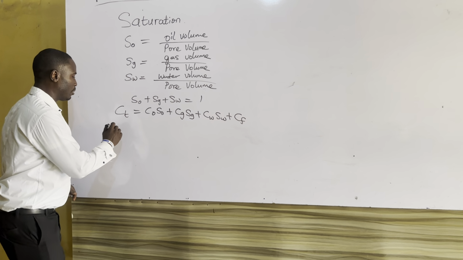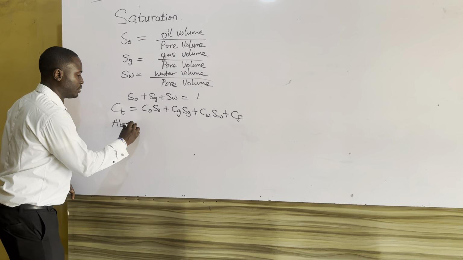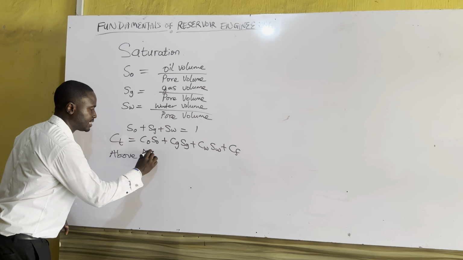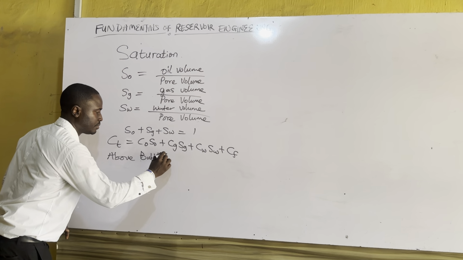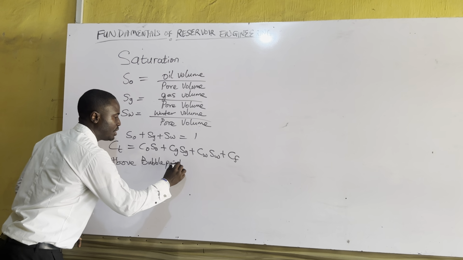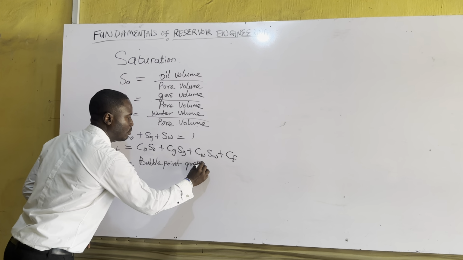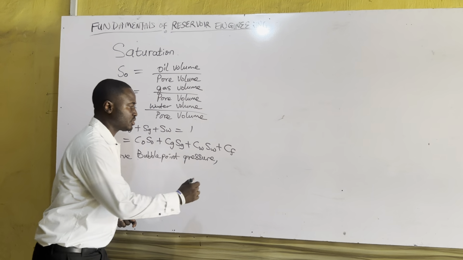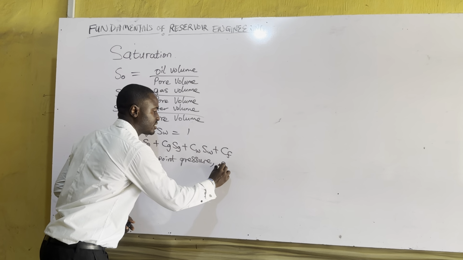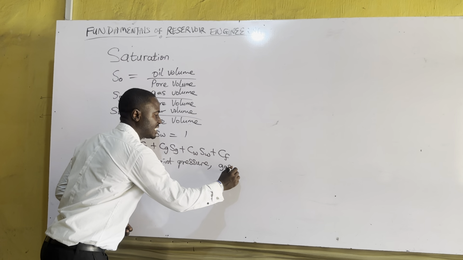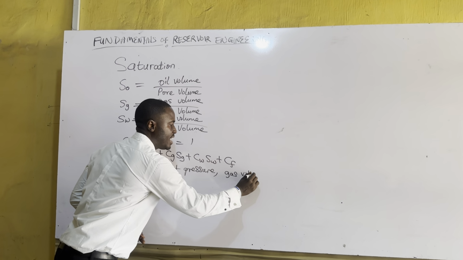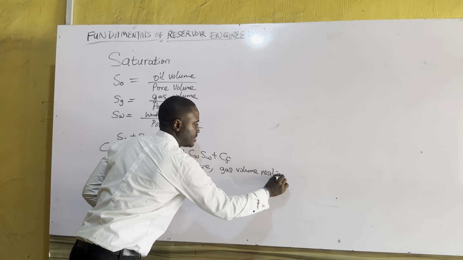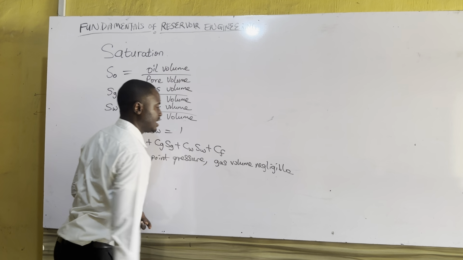But above the bubble point pressure, this equation will be void of the gas, because at this point the gas has not yet been formed. So gas volume will be very negligible. Okay?